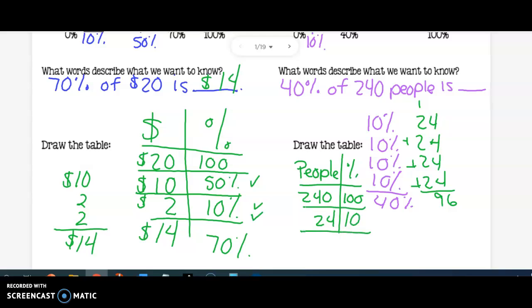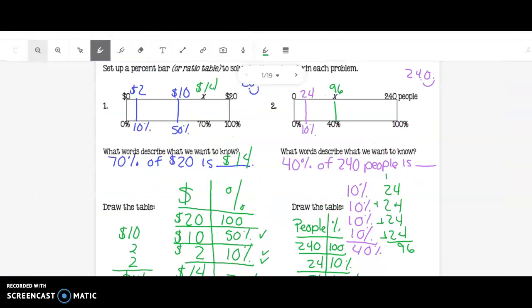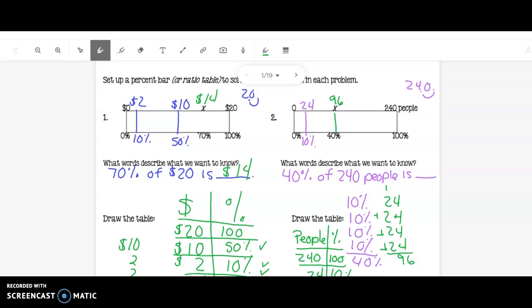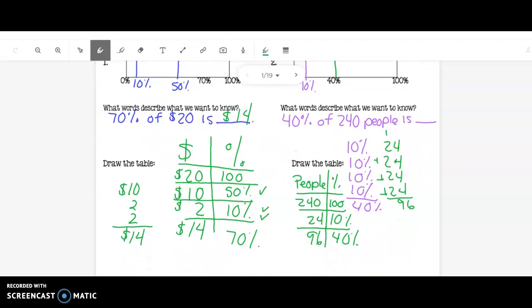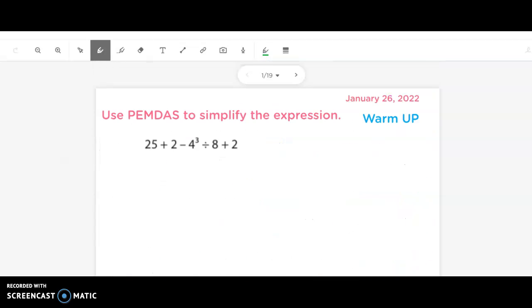And we used that percent to get to 40%. Okay, 24 times 4, 96. All right. Just making some little adjustments. All right, so that's all for that page.